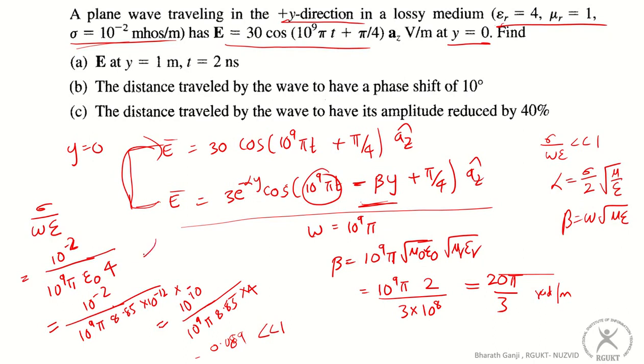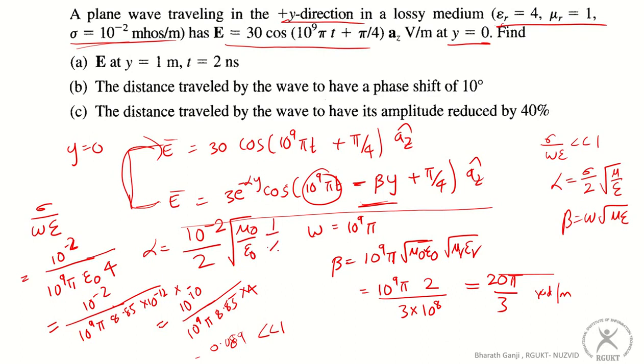Alpha turns out to be, sigma is needed here, so sigma is given as 10 to the power of minus 2, divided by 2 into square root of mu naught and epsilon naught, and square root of mu r by epsilon r.